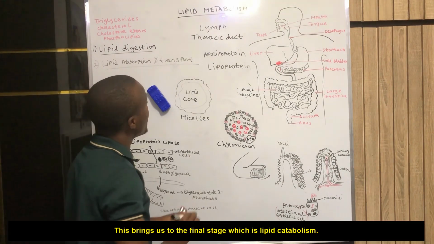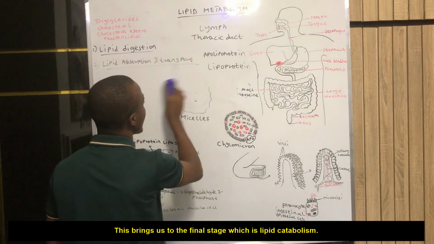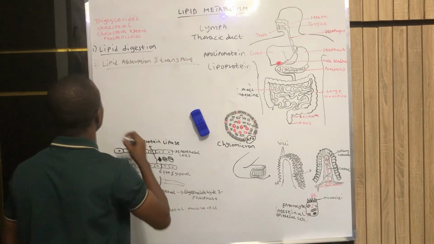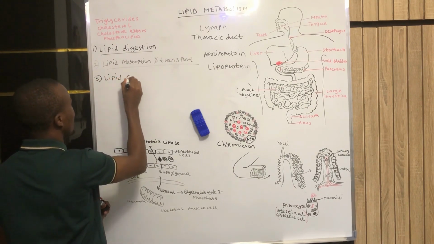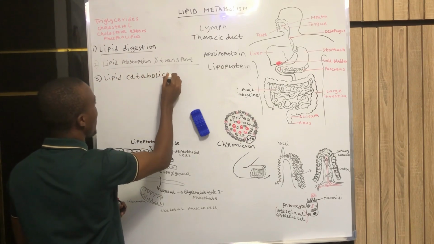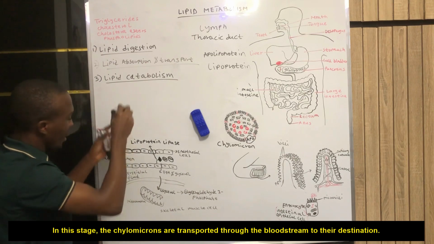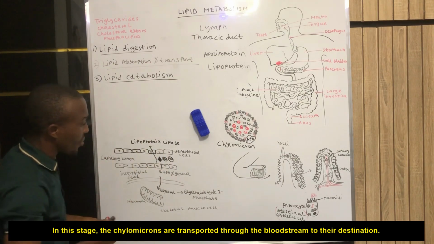Now that takes us to the next and final stage, which is lipid catabolism. This is the diagram for lipid catabolism.